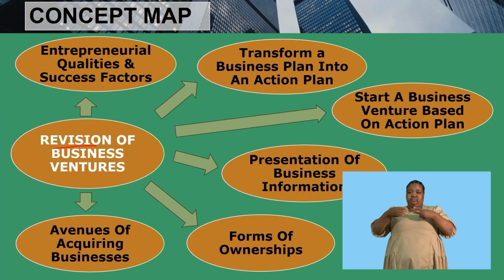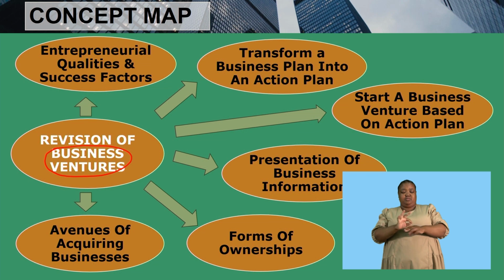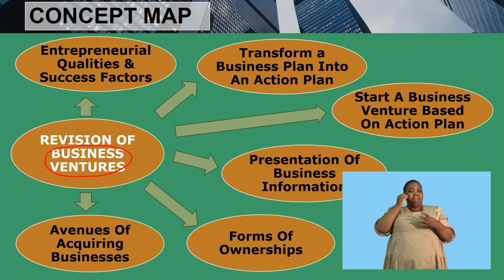Now, when you look at our concept map, you will see that business ventures is separated into the following topics. We have entrepreneurial qualities, transforming a business plan into an action plan, starting a business venture based on an action plan, and also presentation of business information, forms of ownership, and avenues of acquiring a business.